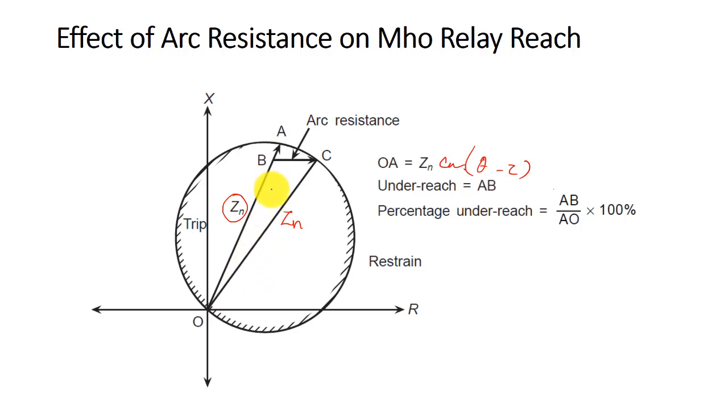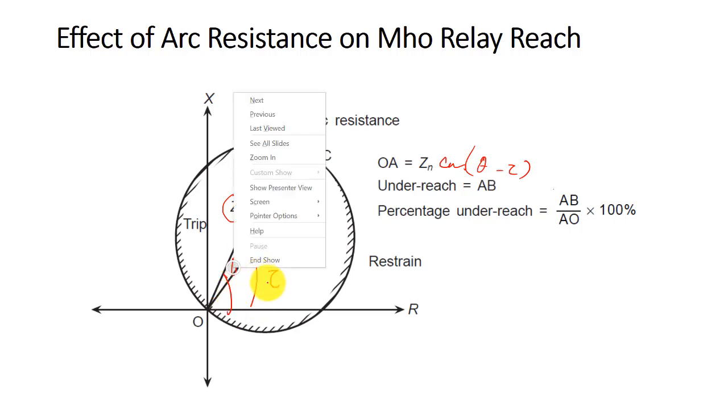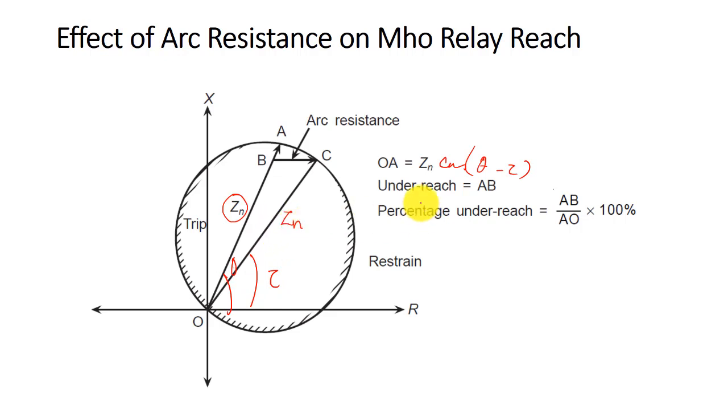Then this will be your tau, this is theta. So cos of theta minus tau. Therefore your percentage underreach will be AB by AO into 100 percent.